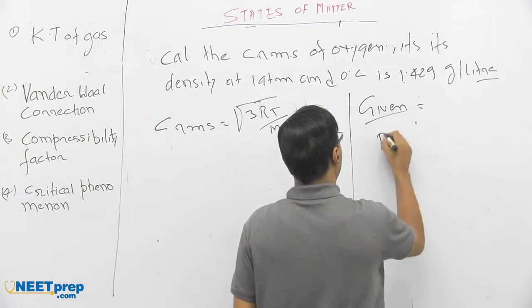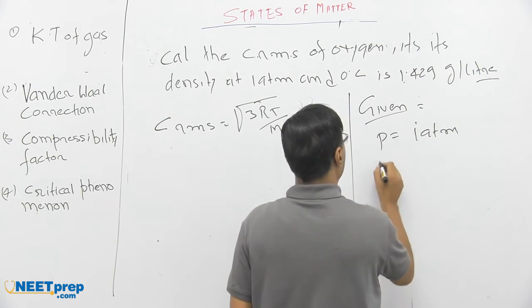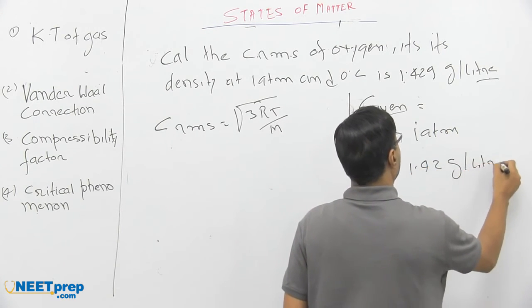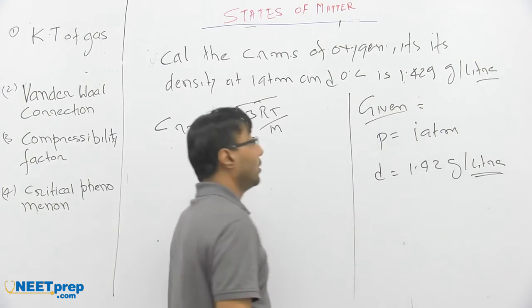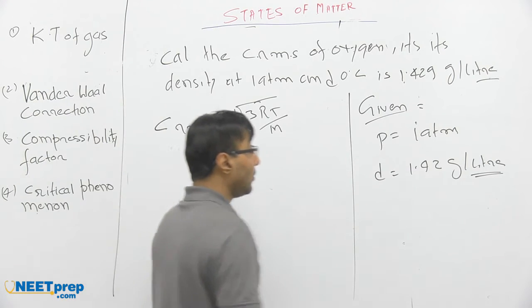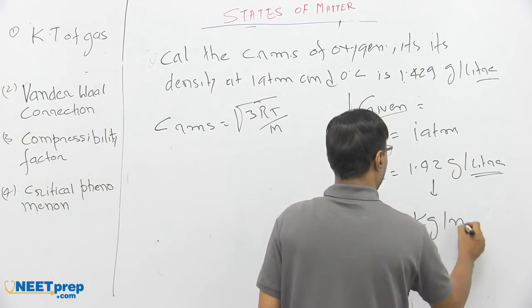Given is pressure 1 atm, density 1.42 gram per liter. So we have to convert into SI unit, because in SI unit, density is in kg per meter cube.